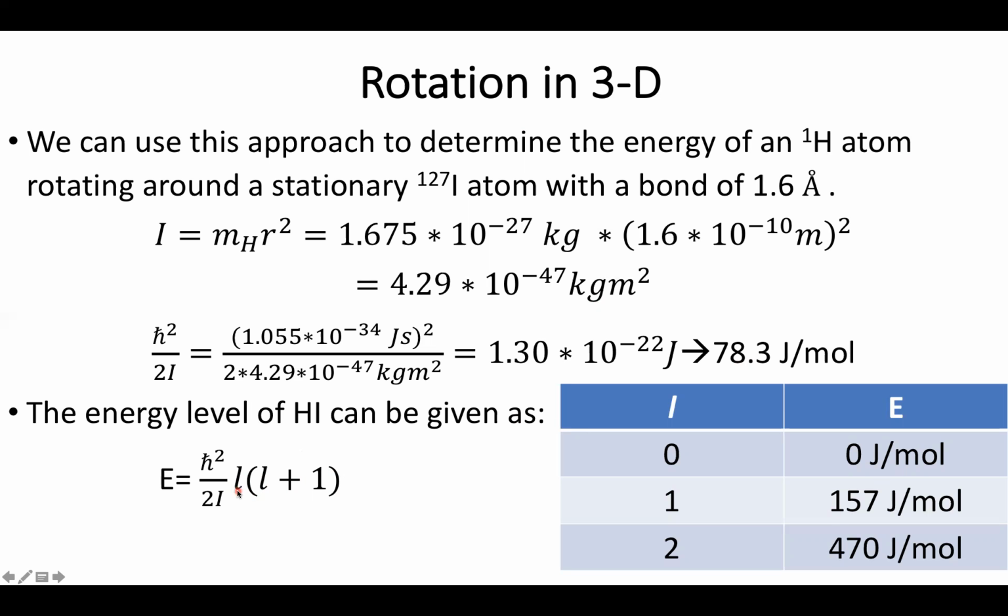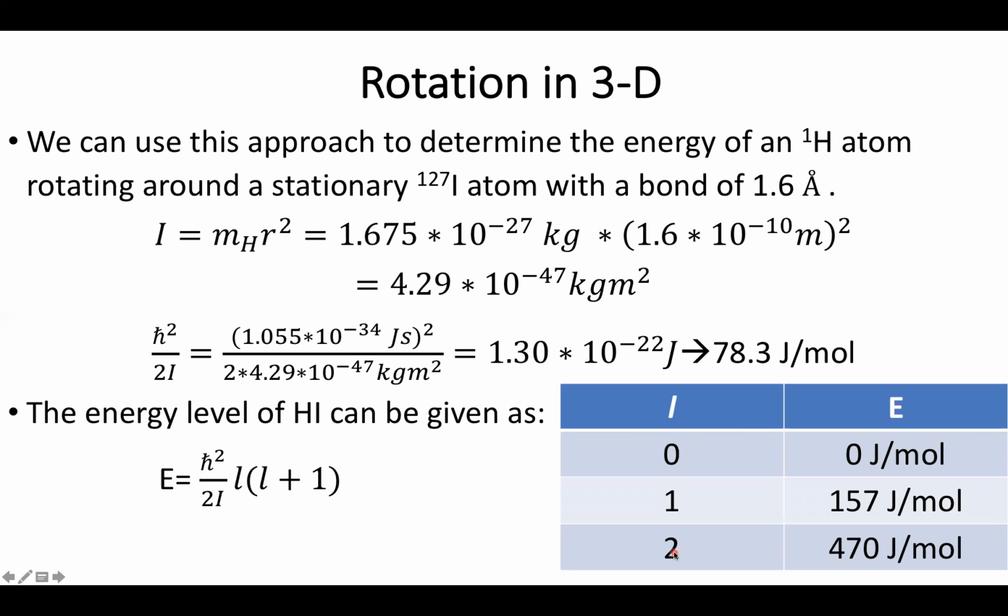However, one of the things I do want to make note of is the degeneracy of this system, because we only have one m sub l value for this first state, so single degenerate. This state becomes triply degenerate because I can have an m sub l of +1, -1, or 0.